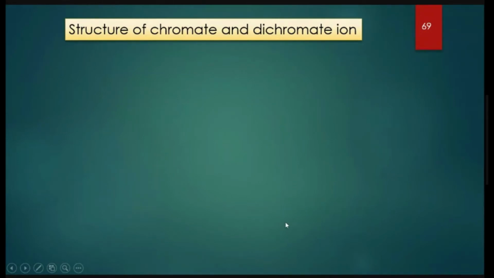Dear students, in the last class, after the completion of F block elements, that is, actinides and lanthanides, I continued with the stability of higher oxidation states of transition elements.